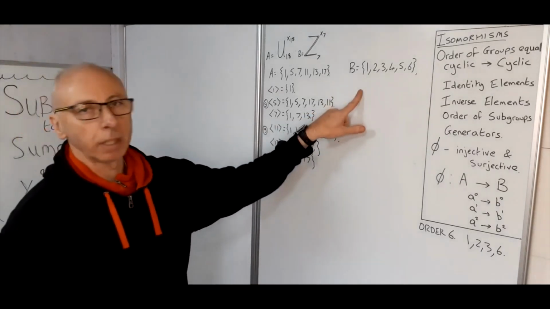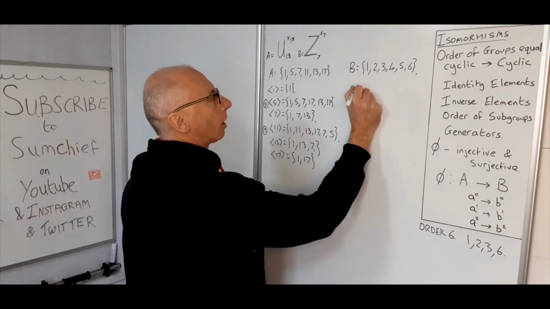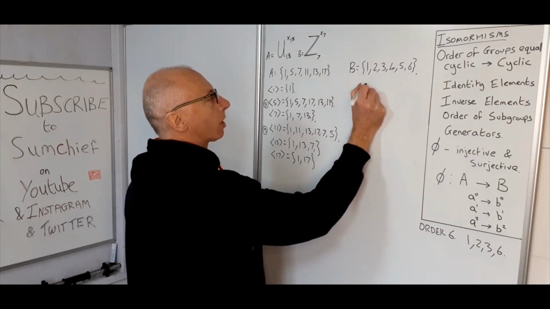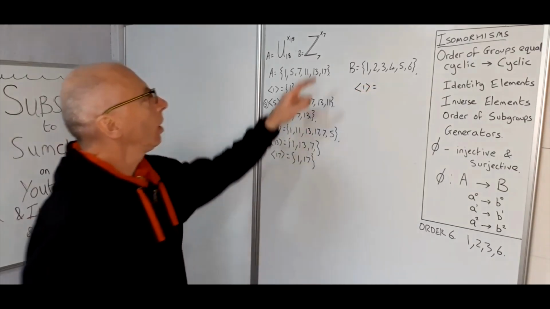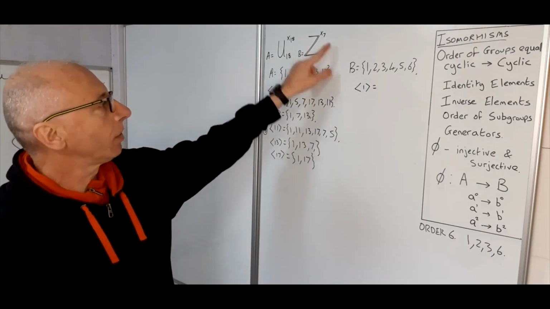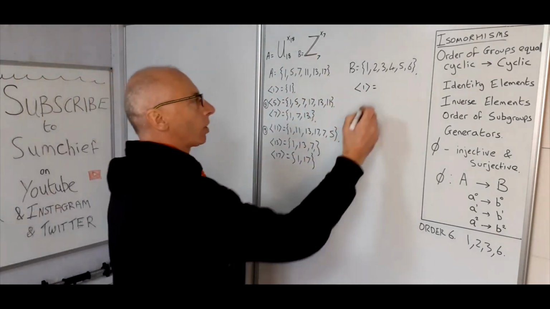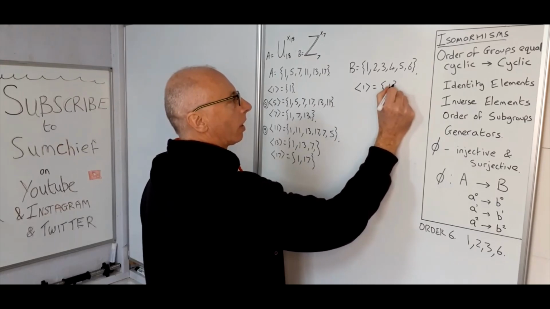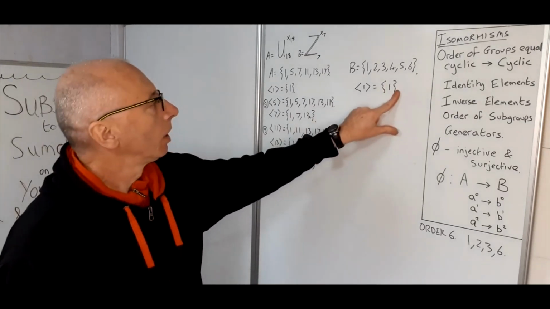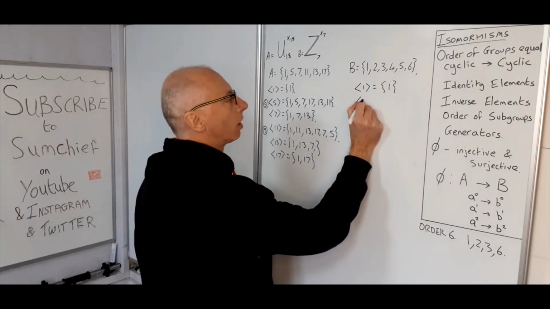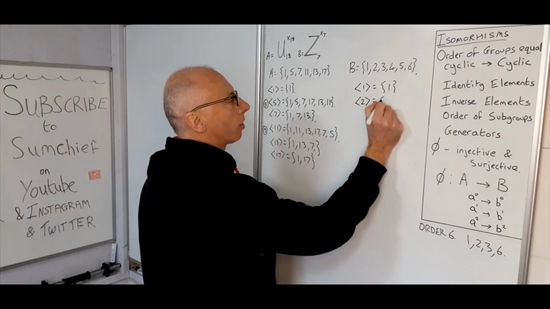Now let's have a look at B and see if we can find our subgroups of this one. So again, 1 under multiplication modulus 7. So 1 is only going to generate the identity element. Then we're going to look at 2.